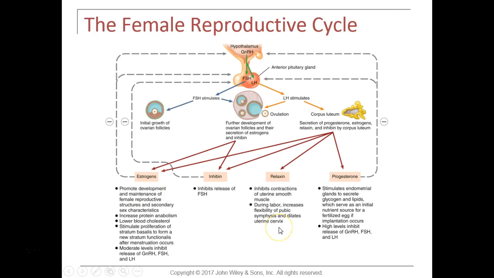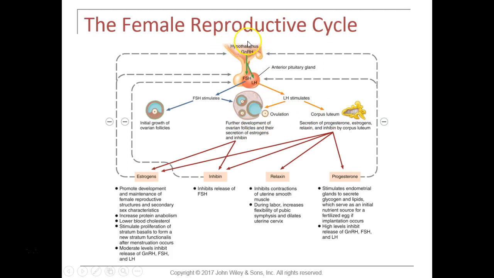Now this is a graphic just showing the relationship of the various hormones from the hypothalamus and anterior pituitary axis to the ovaries. Right here represents the follicles that will develop and where the hormones are coming from for the different parts of the female reproductive cycle.